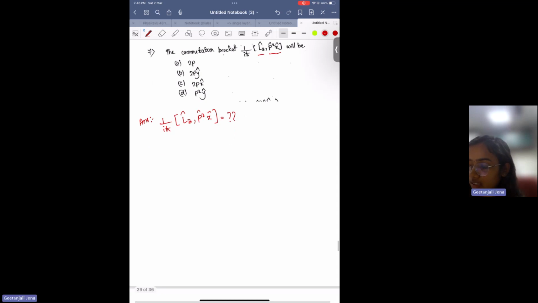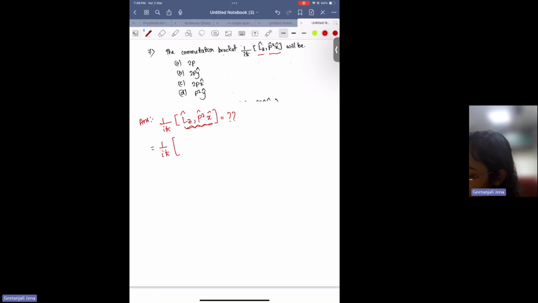So this is easy. You just have to use the property of commutator, right? So we have to just open up this bracket and write individual terms.